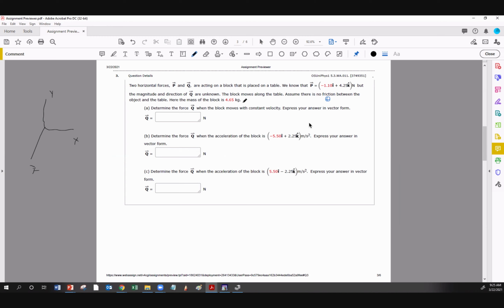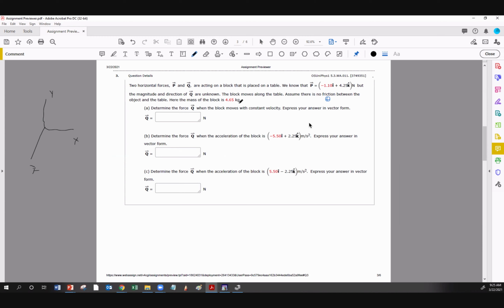Okay, so the magnitude and direction of Q are unknown, and that's one of the forces that's acting on it. There's no friction, and the mass of the object is given. So when it's moving at a constant velocity, what does that mean for the net force?